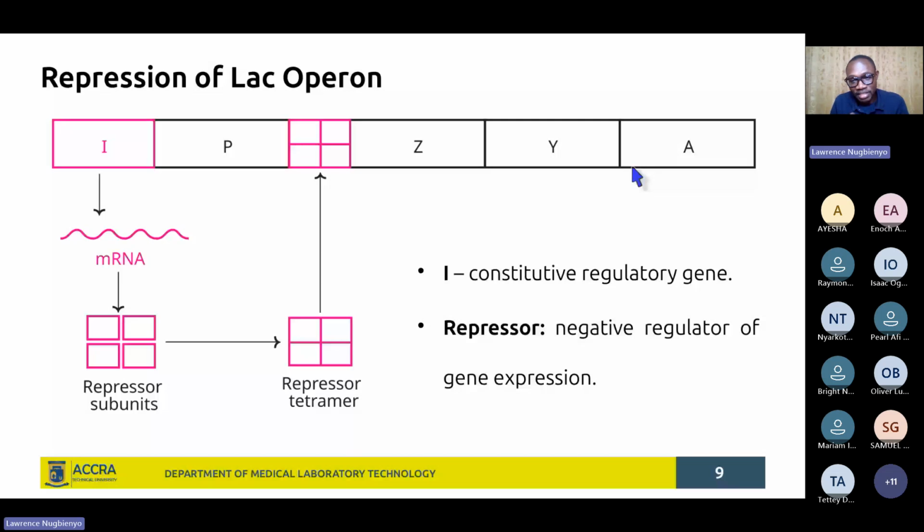process of translation. So what it means is that this regulation is actually at the level of transcription. What that means is that the repressor is controlling the process of transcription. So once it inhibits the process of transcription, it means the gene will not get transcribed in the first place for you to have a messenger RNA.